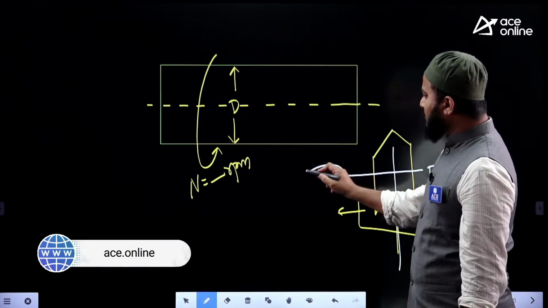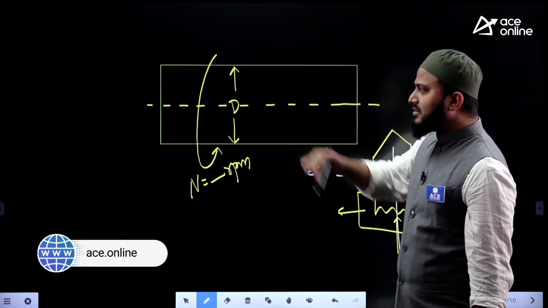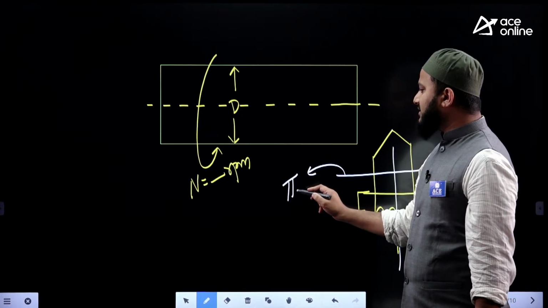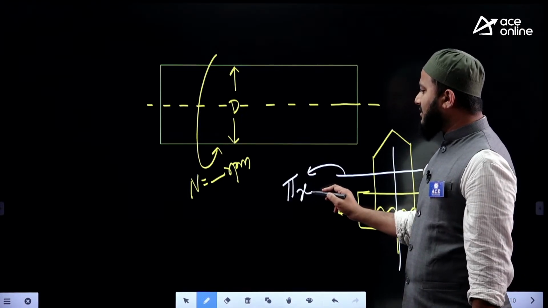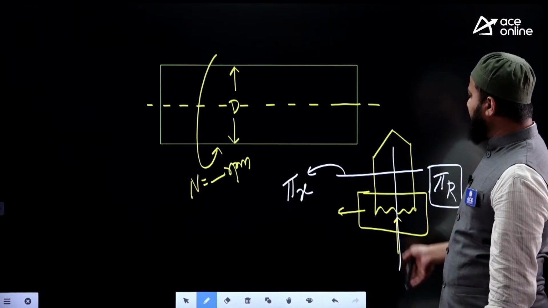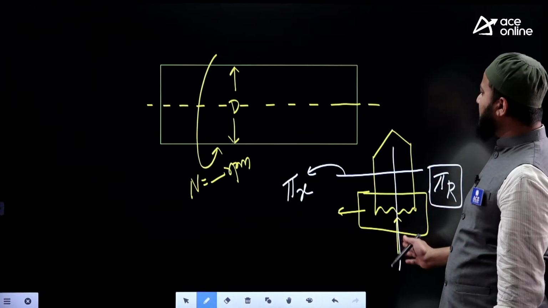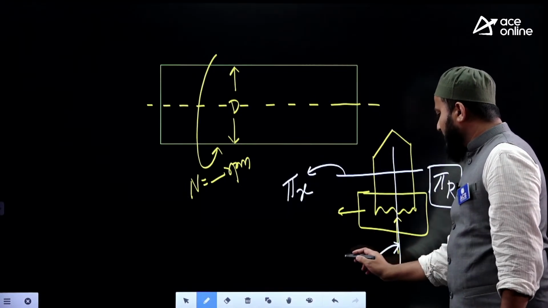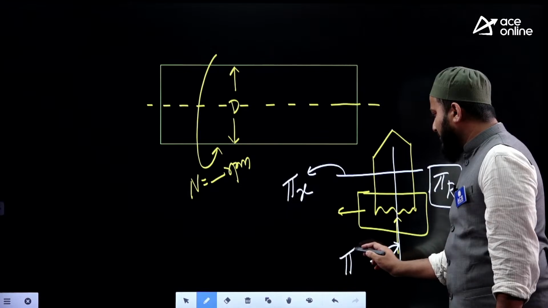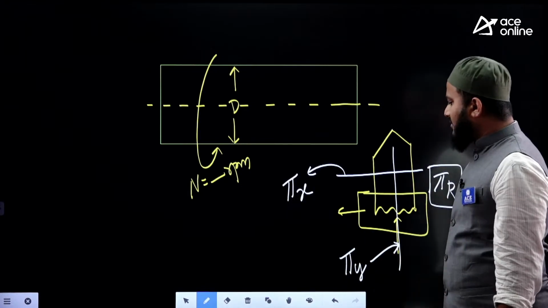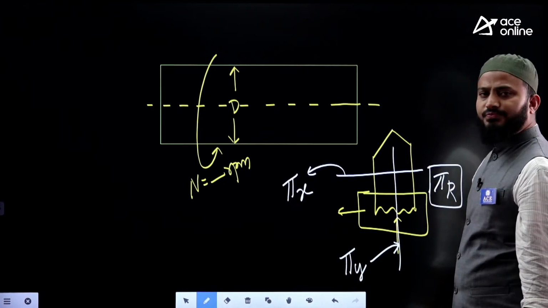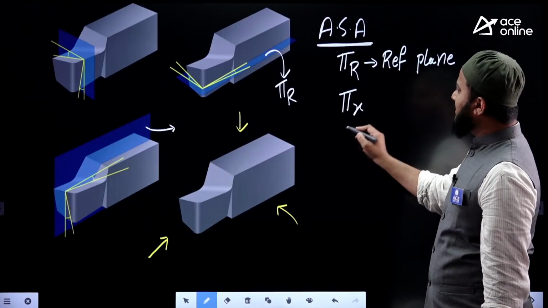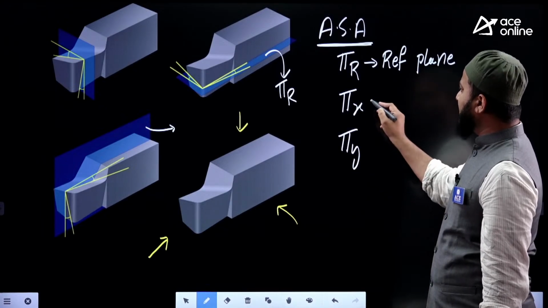The plane widthwise with the tool becomes parallel to the workpiece axis, so we call it the longitudinal plane, or pi x plane. The plane lengthwise with the tool becomes perpendicular to the workpiece axis, so we call it the transverse plane, or lateral plane, pi y.